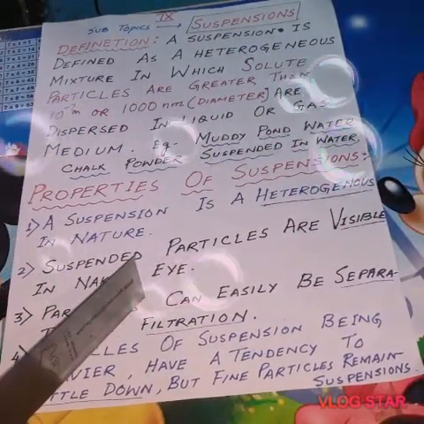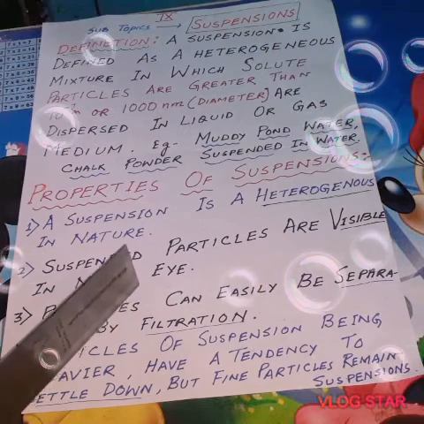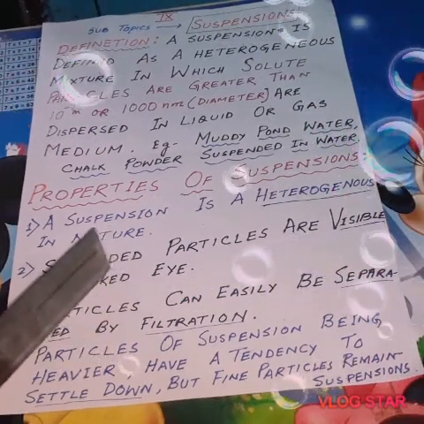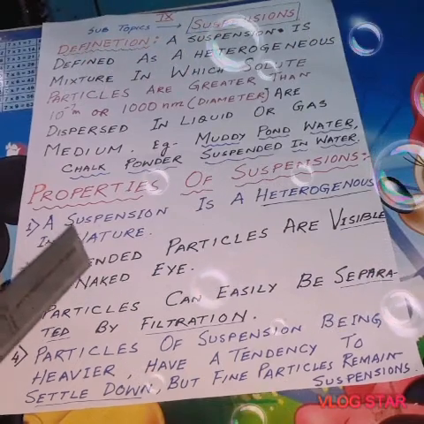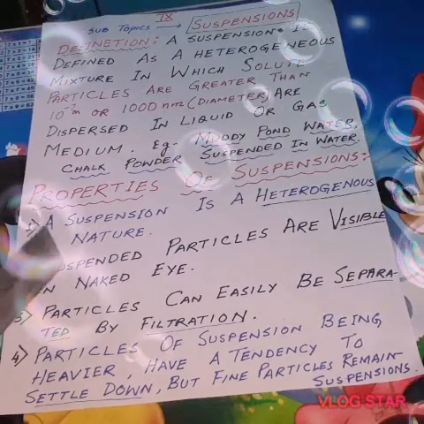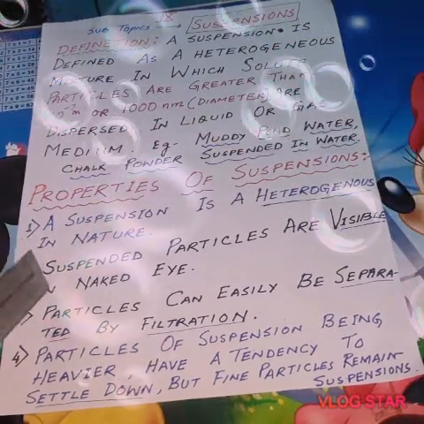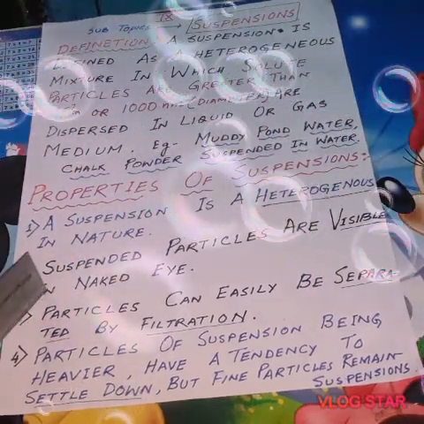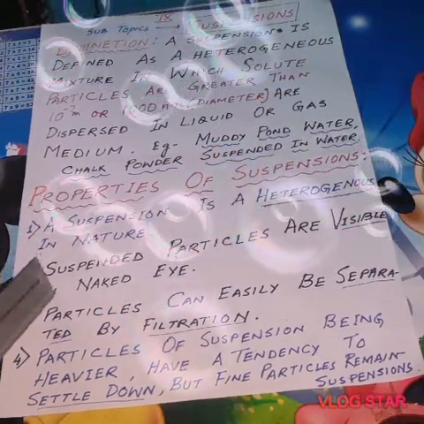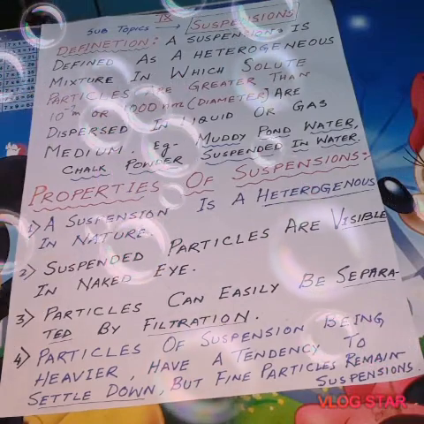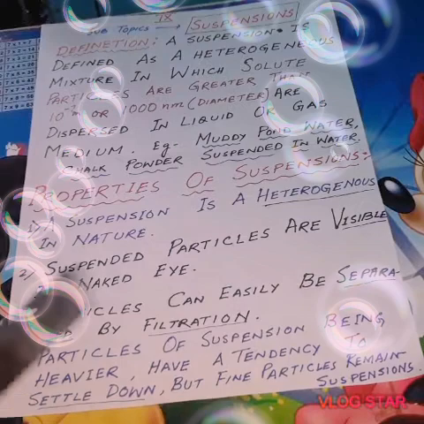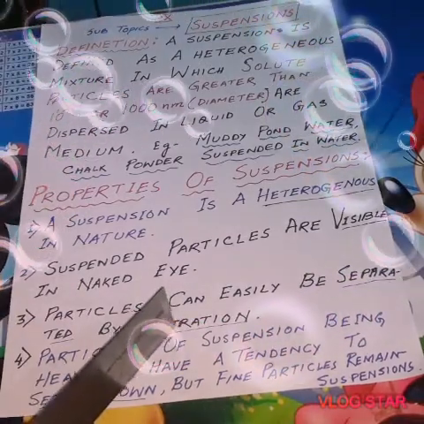That means in muddy water you can easily see with your naked eye the mud suspension floating over the water. So suspended particles are easily visible to the naked eye, which are not seen in colloidal or true solution. Number three, particles can easily be separated by filtration.